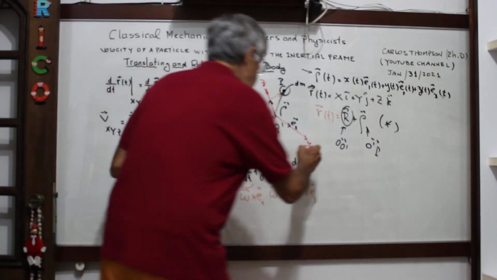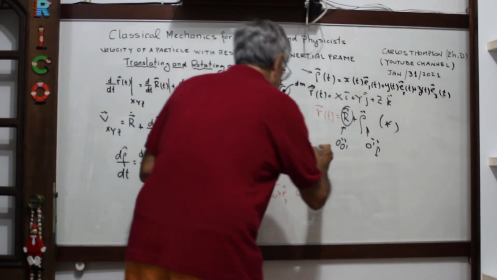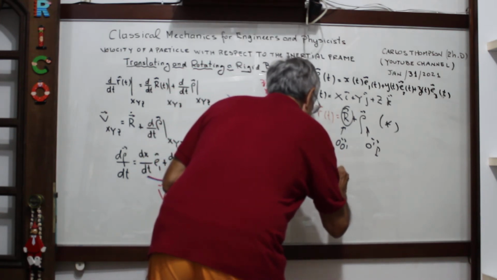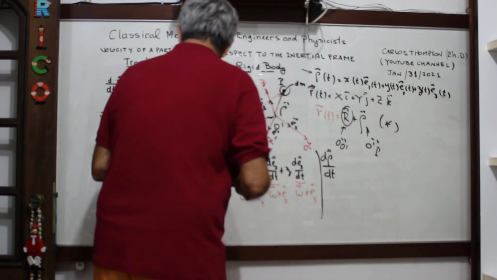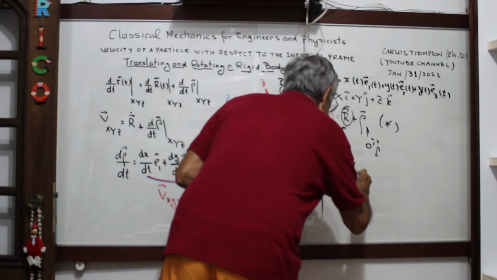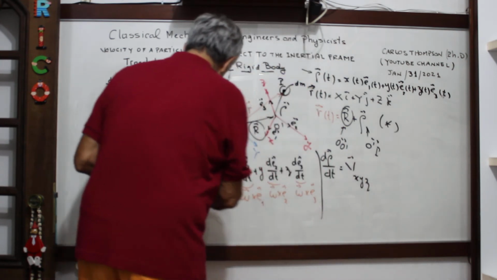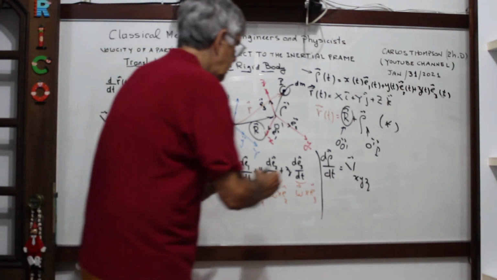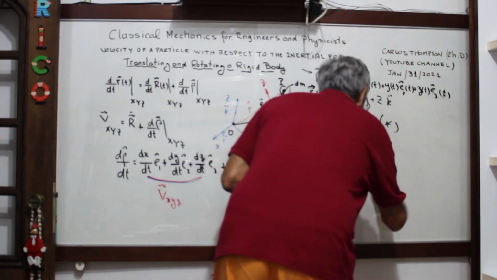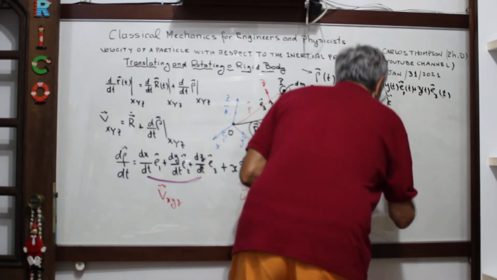d rho/dt, that's right here. Derivative of rho with respect to the time is equal to V xyz, this term over here, plus omega cross rho.